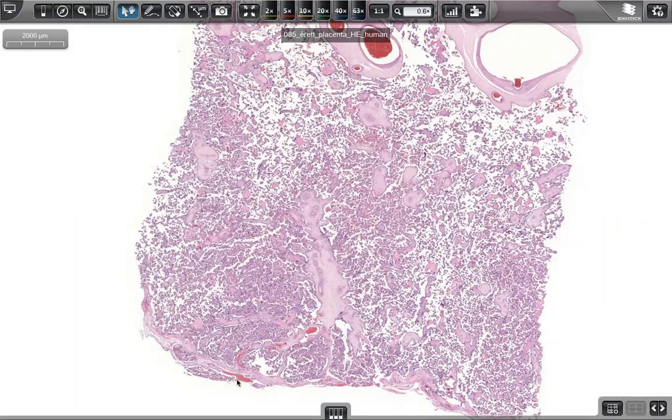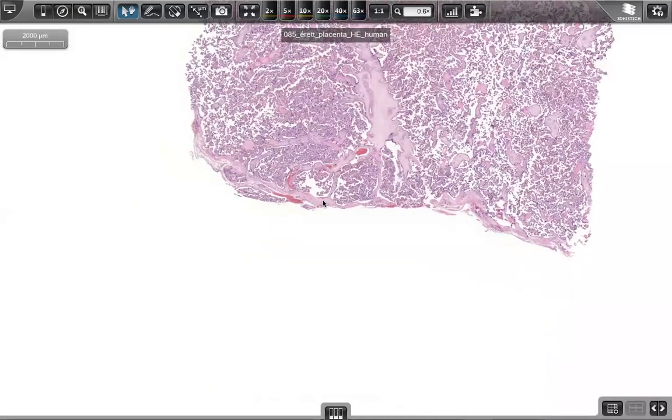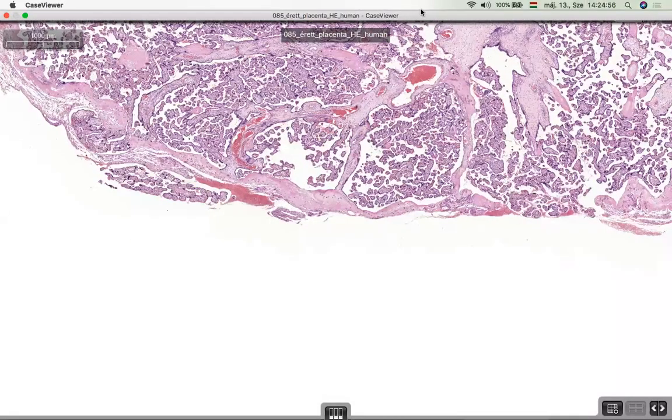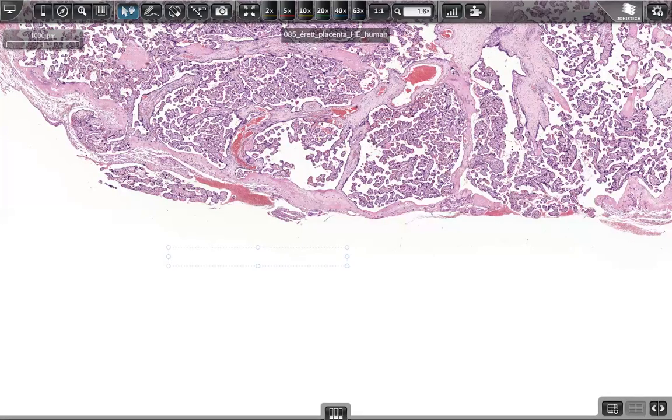And on the maternal side, everything is derived from the decidua basalis. From the decidua basalis, therefore, we can find here decidua cells. So we can find decidua cells.